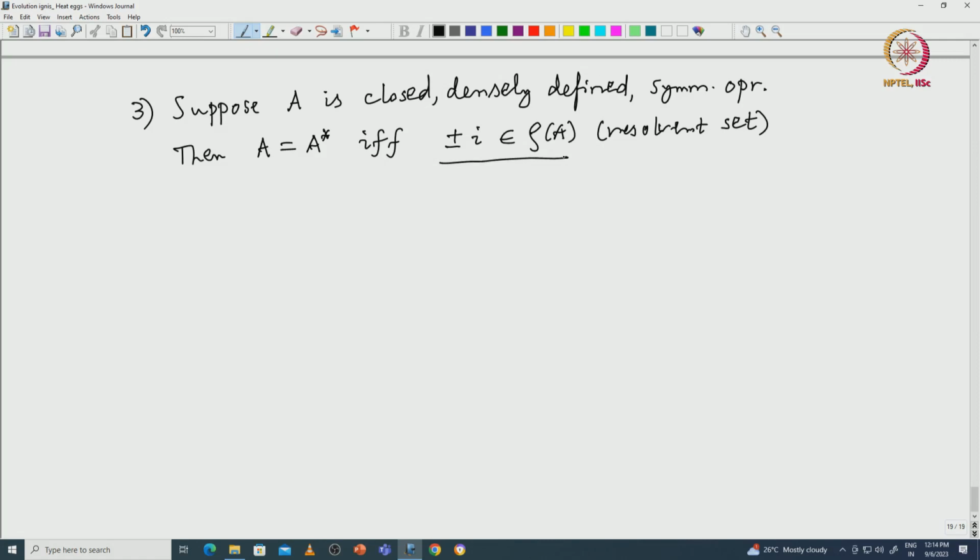Okay, so this operator A plus or minus i belongs to B(H).